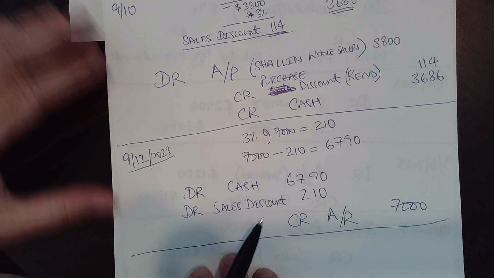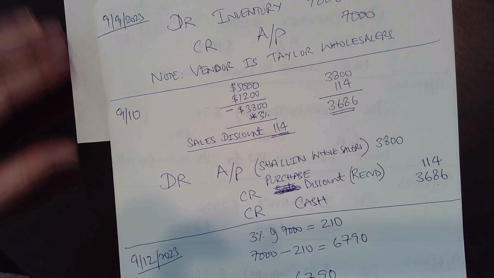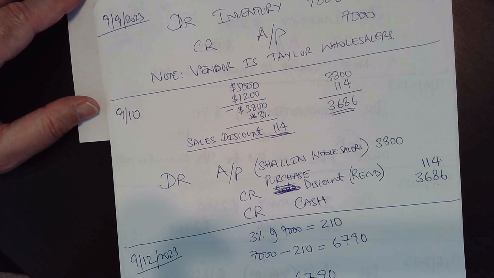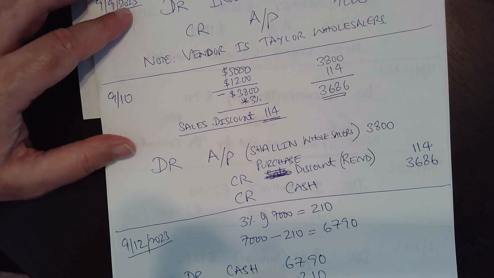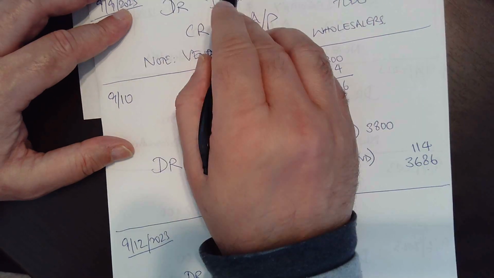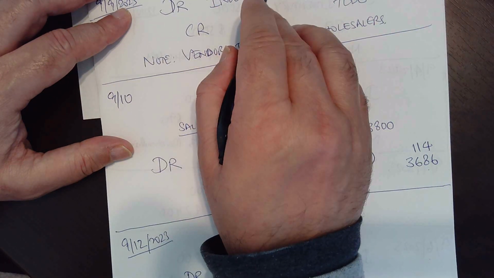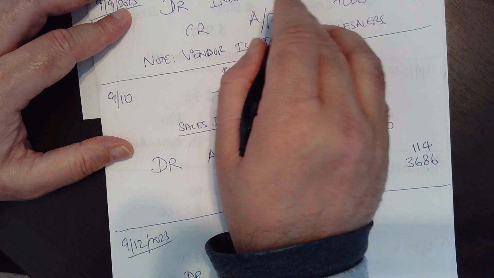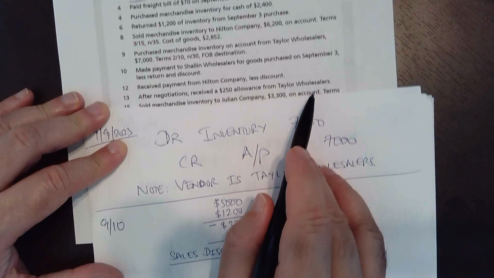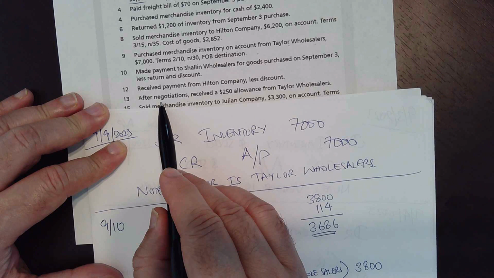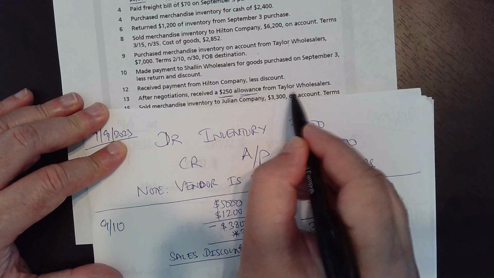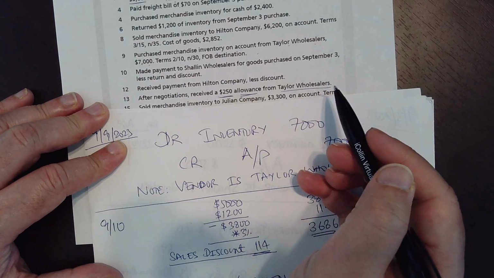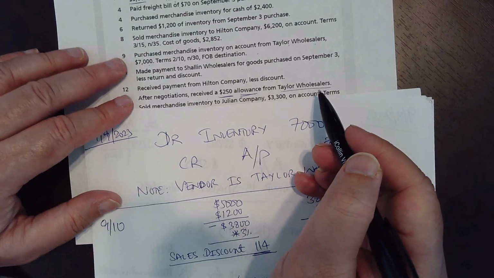Okay, let's move to September 13. After negotiation, we received a $250 allowance from Taylor Wholesalers. So who is Taylor Wholesaler in this case?